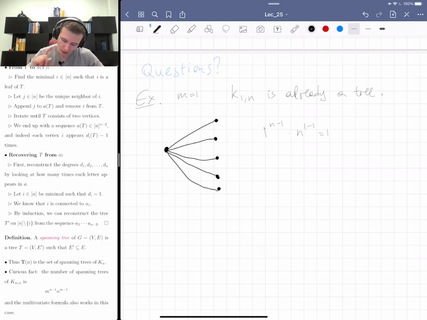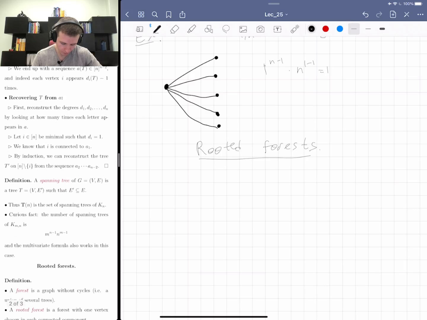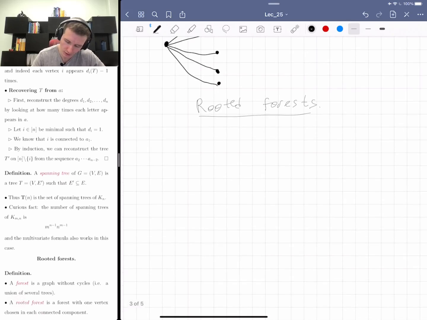Okay. So yeah, let me discuss rooted forests. What I'm about to say is going to sound stupid, but I'm going to need rooted forests later. But for now, I'm going to give you a statement which is easy to see. First, let me give you a definition.